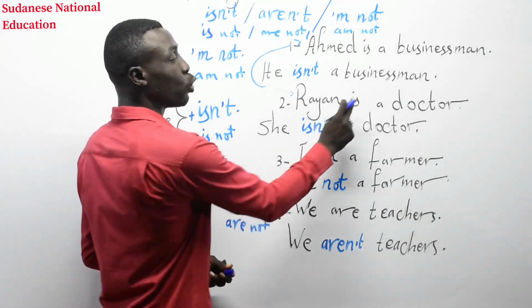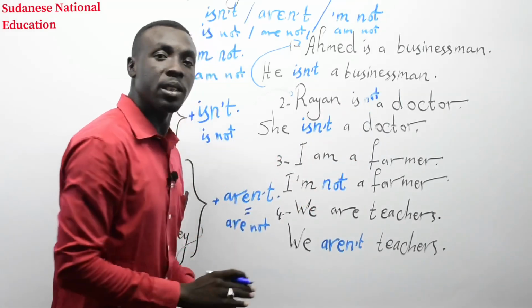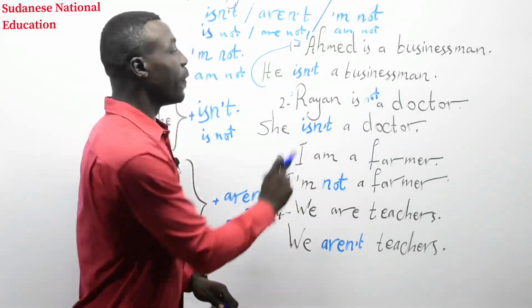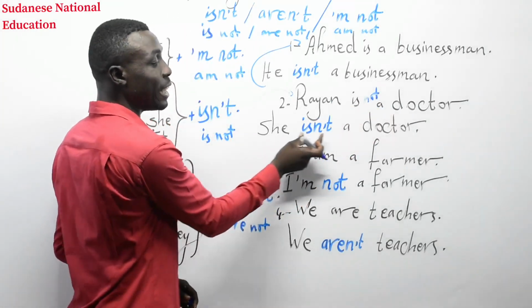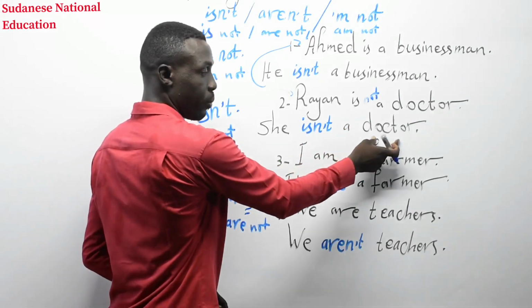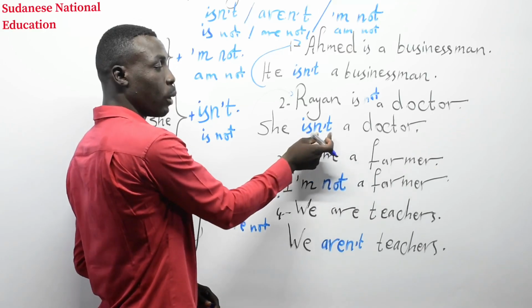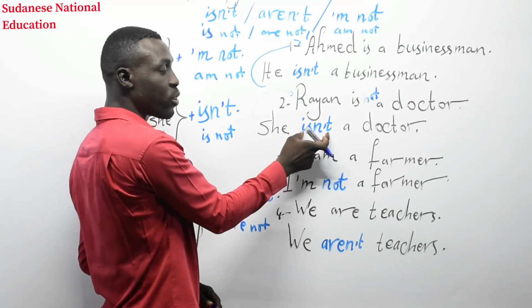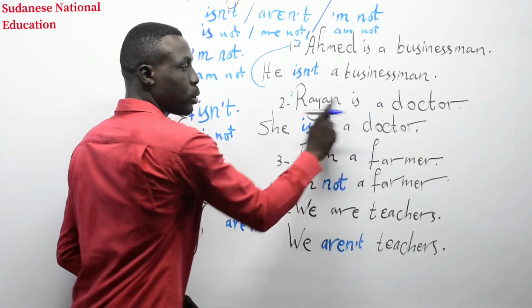We just add not here to make it negative. Rayyan is not a doctor. So you see, in making negative, we just add one not. Isn't is a contraction of is not.